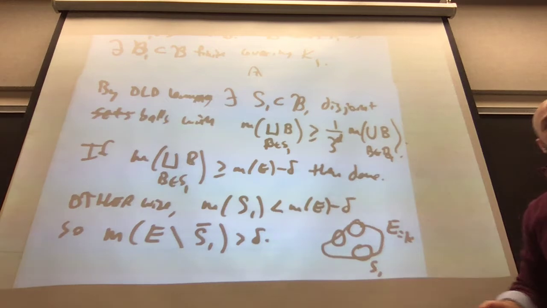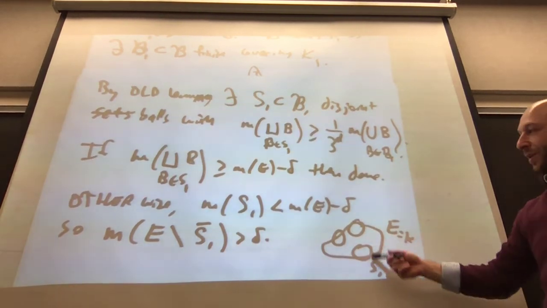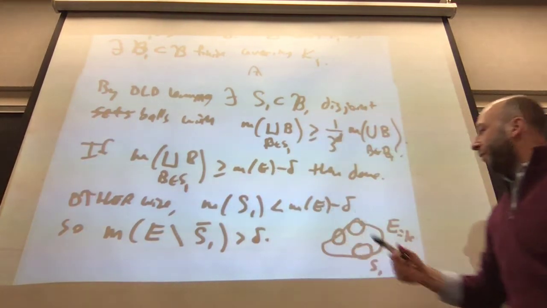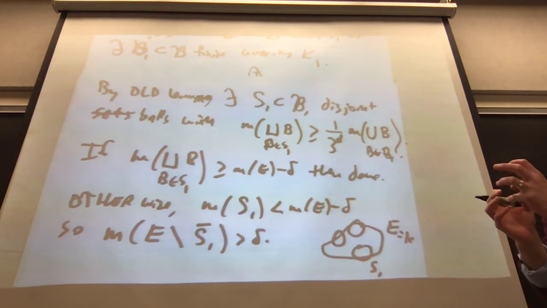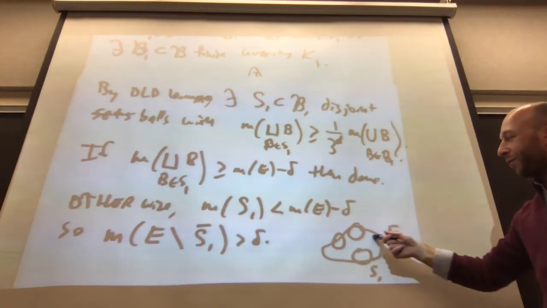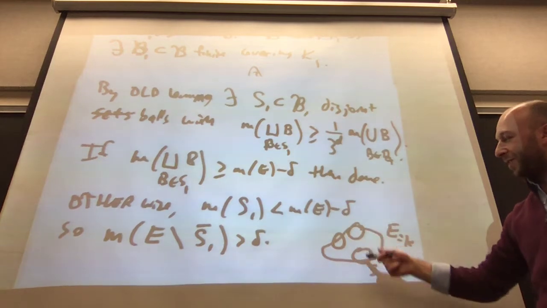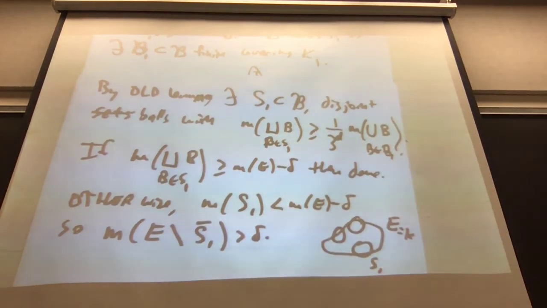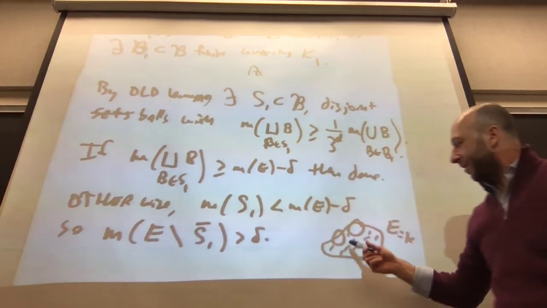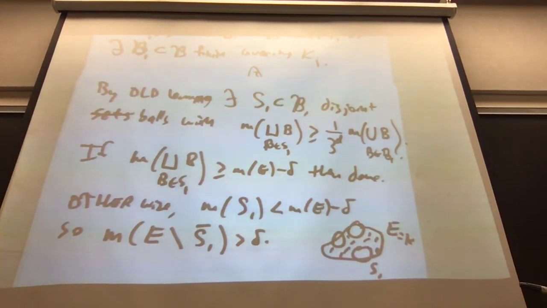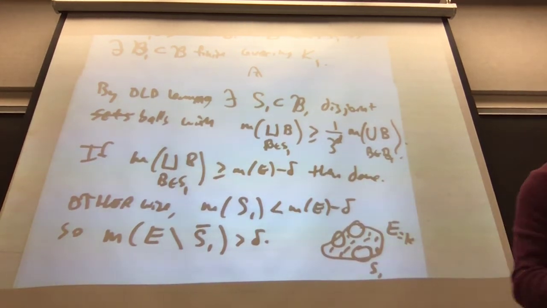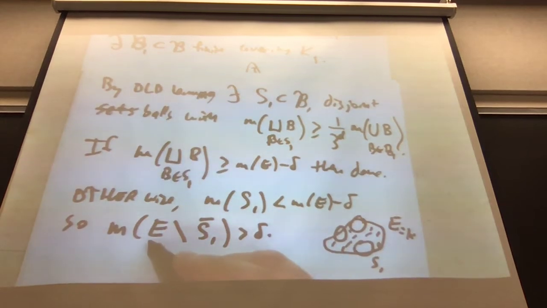No, they have some pieces of E. Now, if the measure of those balls was already at least as much as E had, then we stop. If we didn't, then how much measure is left over if we throw out the balls and their boundaries? There has to be at least delta measure left over. Okay? So what do I do on this set? Let's call this E1.